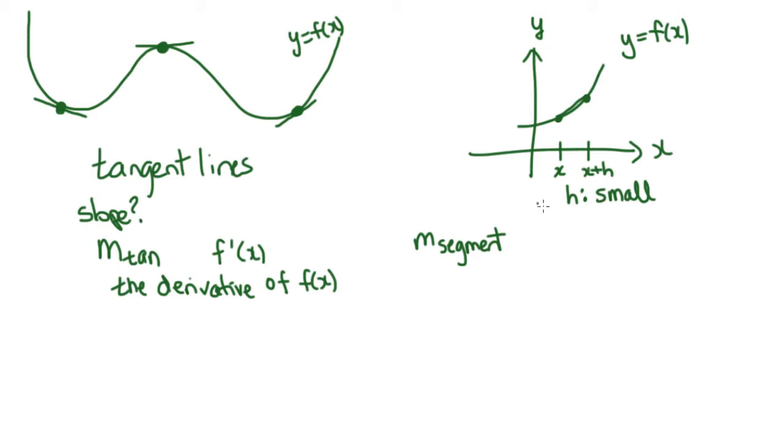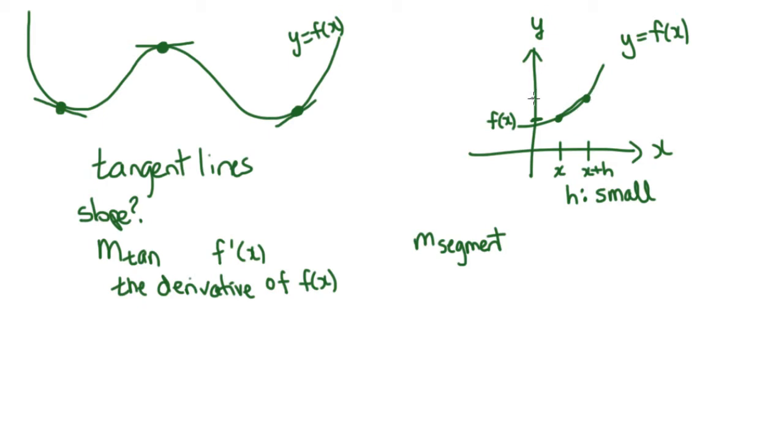All right, well, in order to talk about the slope of the line segment, we're going to need to figure out what the y values at these 2 points are. And the only thing we know about our function is that it's called f of x. So if we wanted to talk about this y value down here, we'd take our x value, x, put it into our function, and we would have f of x. So that's our y value for this first point over here.